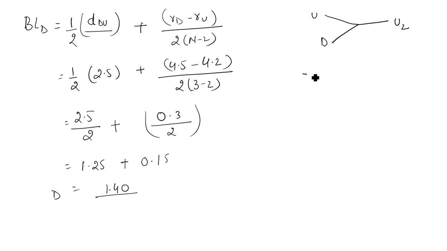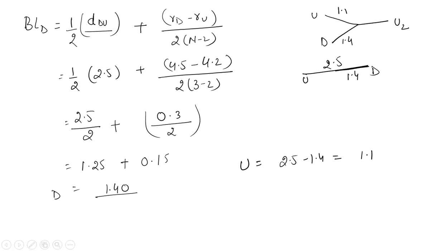Now the total ud value is 2.5, in which your d value is 1.4. So what is the u value? It's very simple. 2.5 minus 1.4 will become 1.1. So this is 1.1 and this is 1.4.